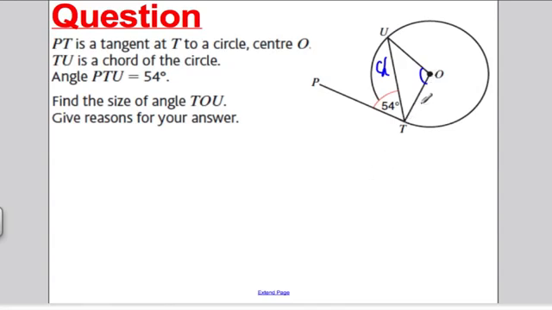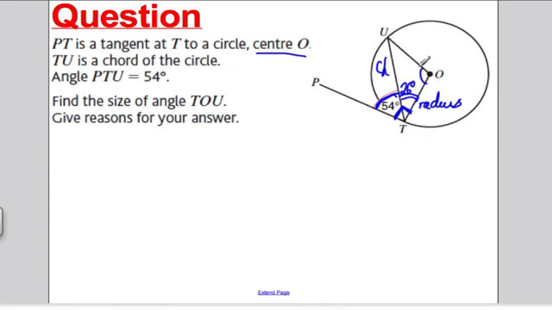Now, TO is obviously a radius, because it's a line from the centre O to the edge of the circle. When a tangent meets a radius, the whole angle is 90 degrees. Now if that whole angle is 90 and just this part of it is 54, this must mean that this angle here is equal to 26 degrees.